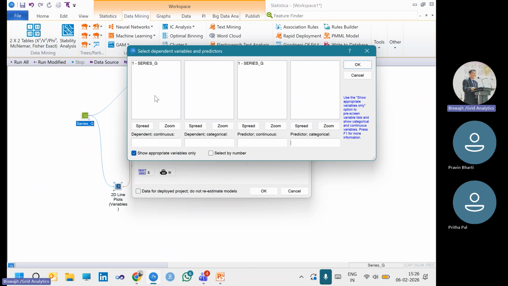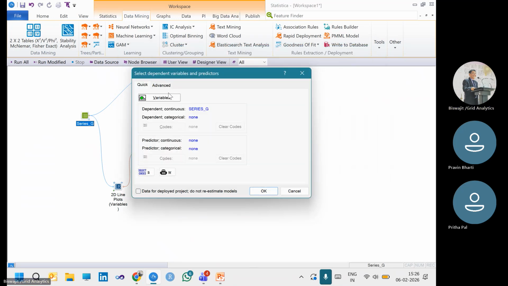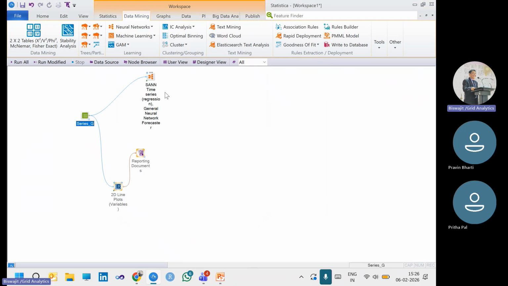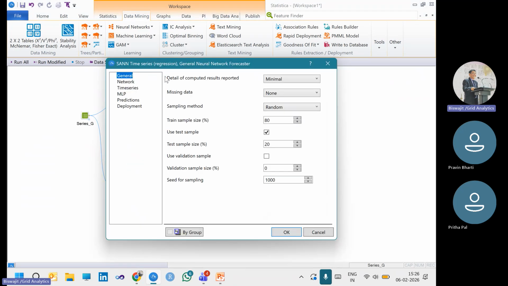I will choose the variable, my input series G. Okay. I will go and define my specification here. I will keep all the specification as it is. If you observe, we have the split, the detail of computed results reported. What kind of output would we like to get? Minimal or comprehensive.